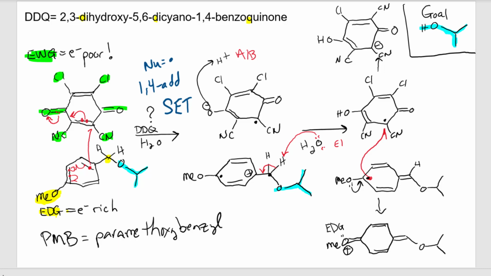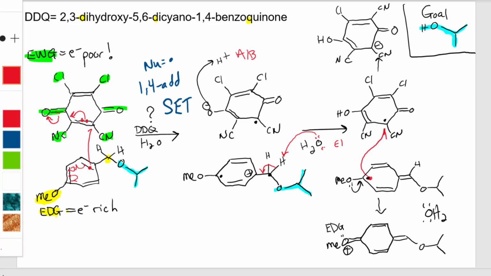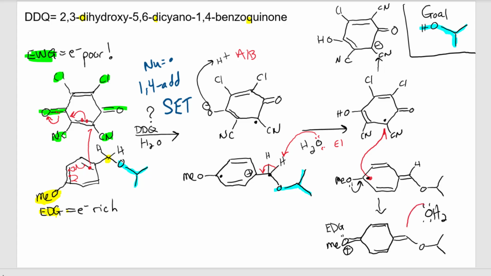Okay, now what? Water is going to be my nucleophile. I'm gonna make room here. Water is my nucleophile and it's going to attack, aromatizing the ring, and kicking the electrons all the way back up.